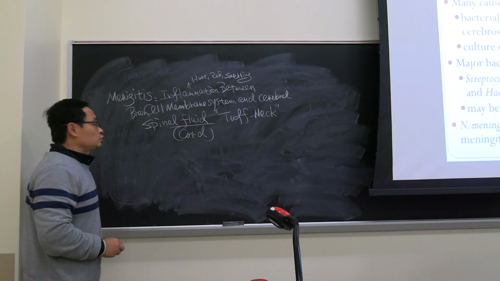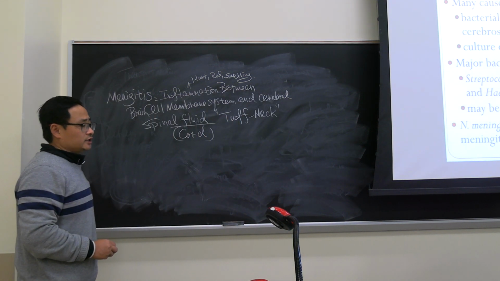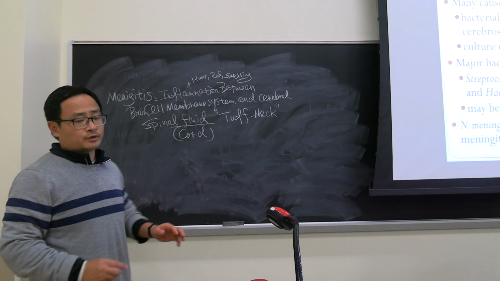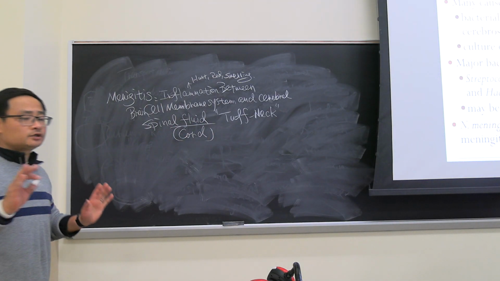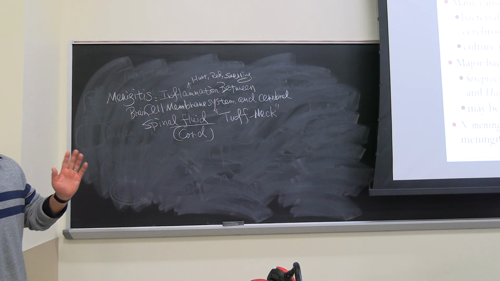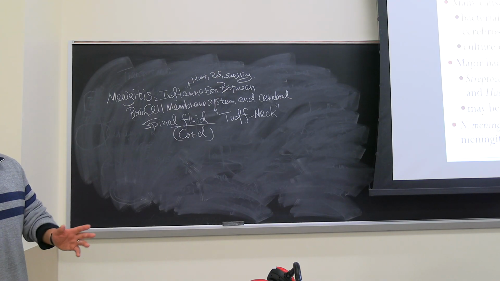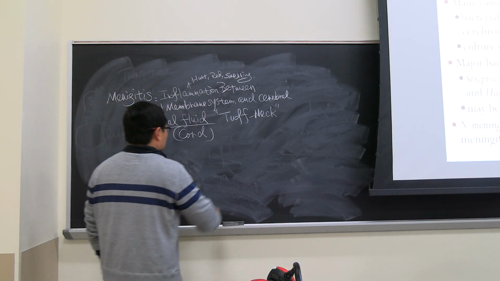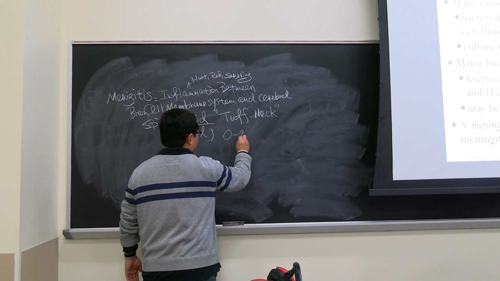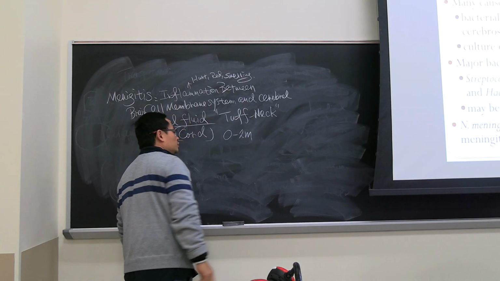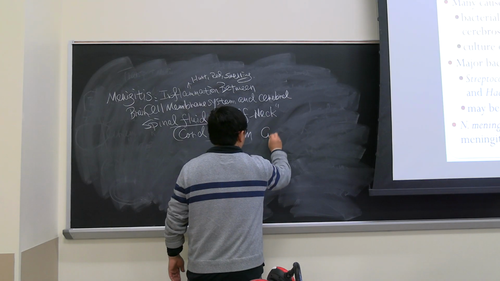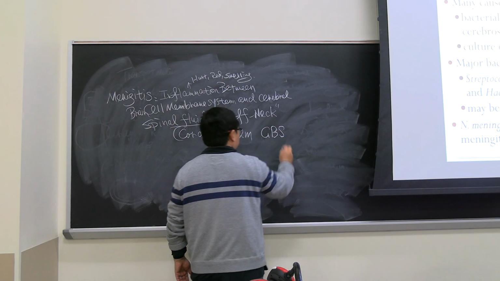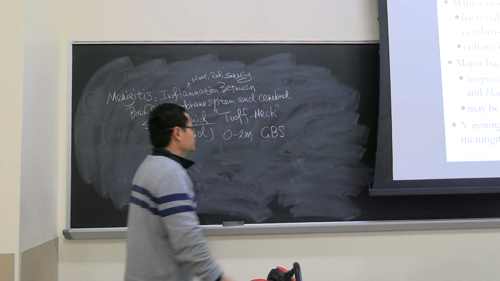Meningitis related to the pathogen is age dependent. Lots of bacteria will cause meningitis, and a certain age group will be sensitive to certain pathogens. If you are 0 to 2 months, a newborn baby, the cause of meningitis is GBS. What is that?